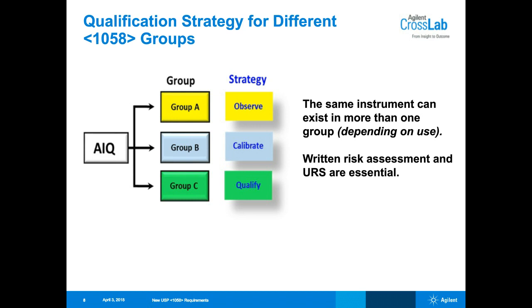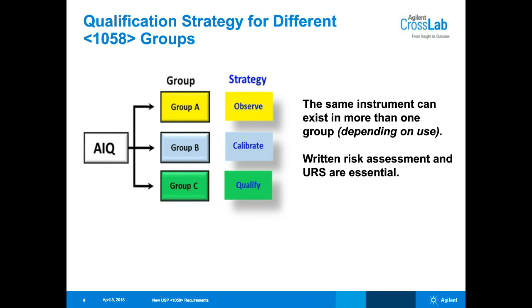And in Group C, we'll qualify, and where there's software involved, there will also be validation. But what is very important to understand is that the same instrument can be in a number of groups depending upon its intended use.